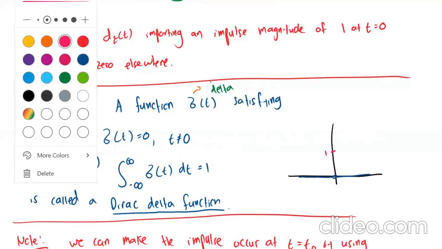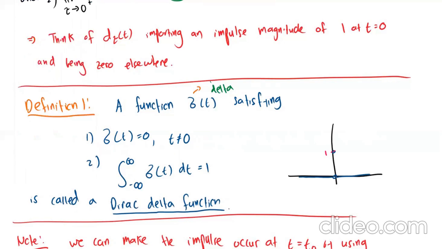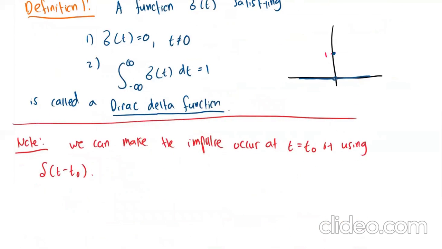Let me do that in blue. So in the case that it's not continuous, it looks something like this. Again, as I mentioned, we can shift this jump to happen anywhere by shifting the delta function. So if you want it to happen at, let's say, t equals 5, you would take delta of t minus 5, shifting it to the right 5 units, etc.